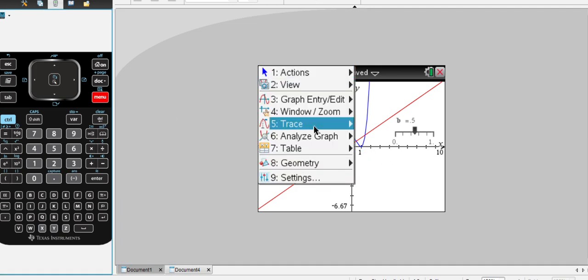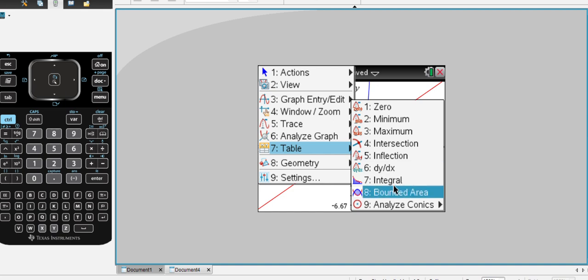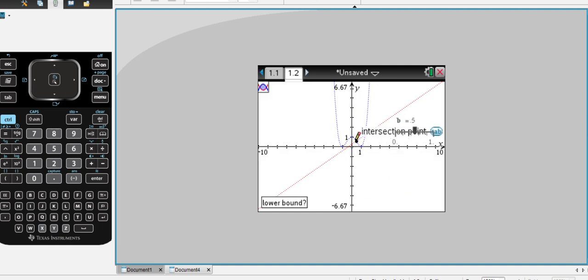So we're going to go menu, analyze graph, bounded area from one intersection point to the next. And then let's slide b and see where it goes. So as you can see, basically from point 8 all the way to 0, the area is increasing infinitely.